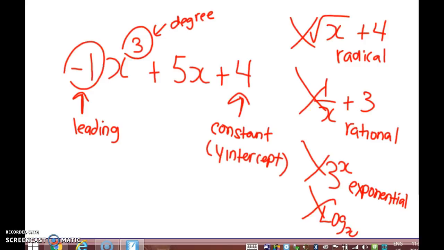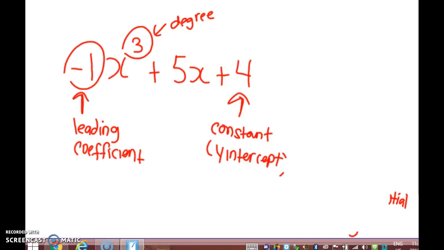And then the leading coefficient, I didn't finish writing that. The leading coefficient and the degree tell us the behavior of the graph. This is something we've talked about before, but we'll see if we remember any of it.